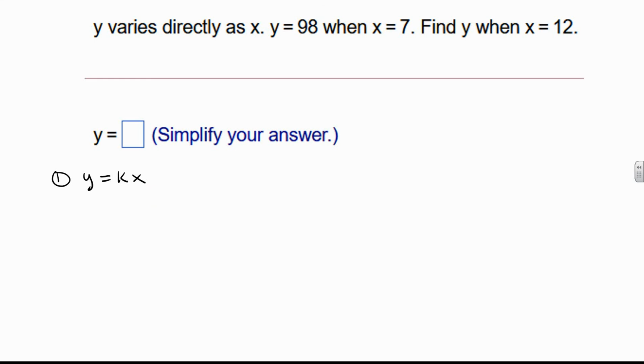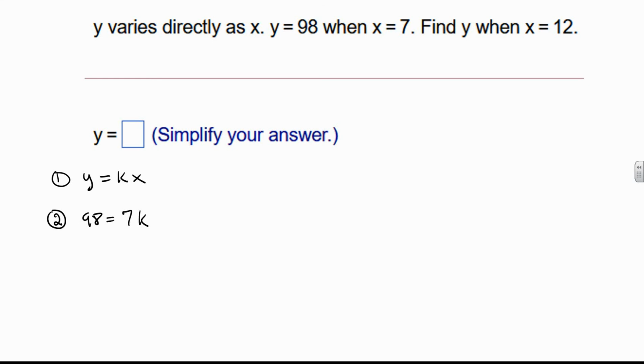And then here's the second step. They give you some first bit of information. Y equal to 98 when X is equal to 7. They're giving us that, step 2, so we can find K. So step number 2, we have 98 is equal to this K times 7. I'm just going to write 7 times K. Okay?